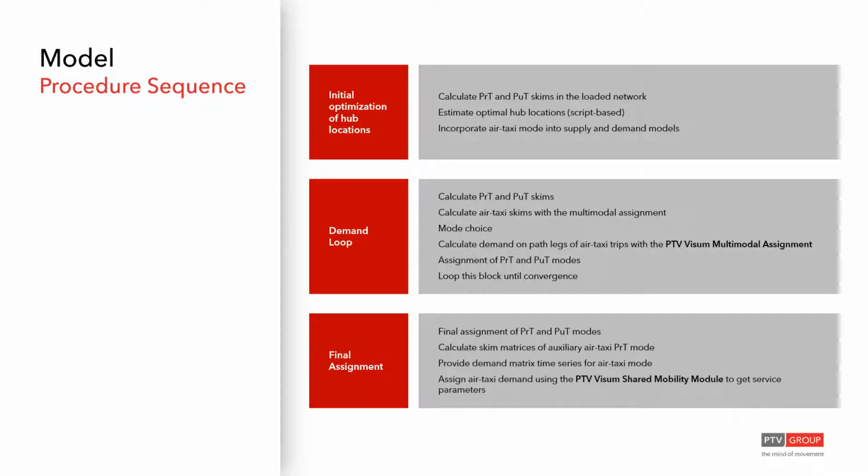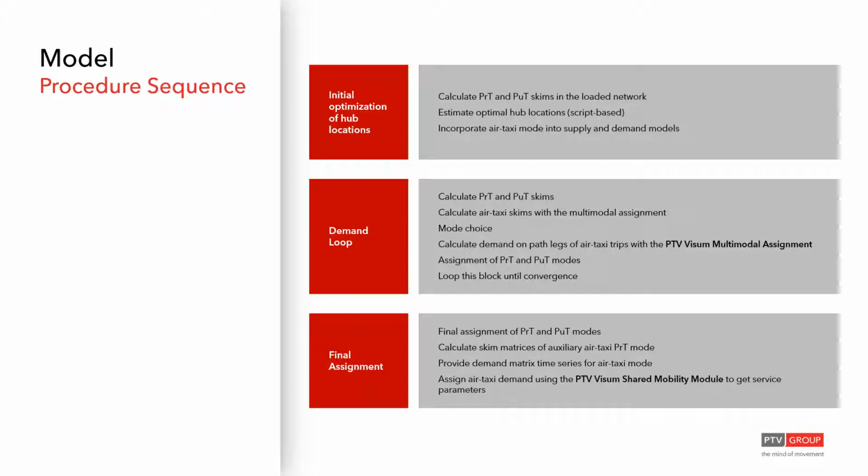How the procedure sequence in the model looked like. We had 3 sections in that particular study for the procedure sequence. Initially, we performed the optimization of the hub locations by calculating the schemes, estimating optimal locations based on a custom script which incorporated the target function.